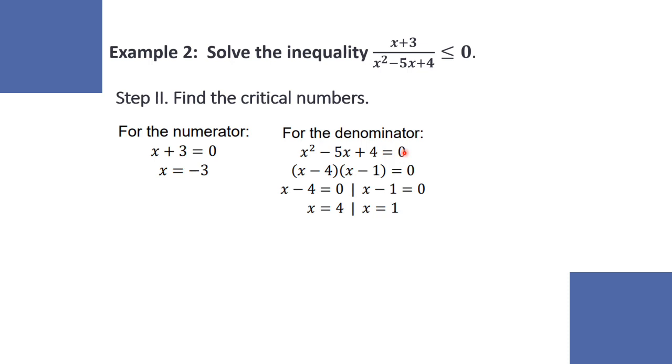Equate it to 0, then factor: the factors are x minus 4 and x minus 1 equals 0. Therefore x minus 4 equals 0 and x minus 1 equals 0, so x equals 4 and x equals 1. Therefore, the critical numbers are negative 3, 4, and 1.